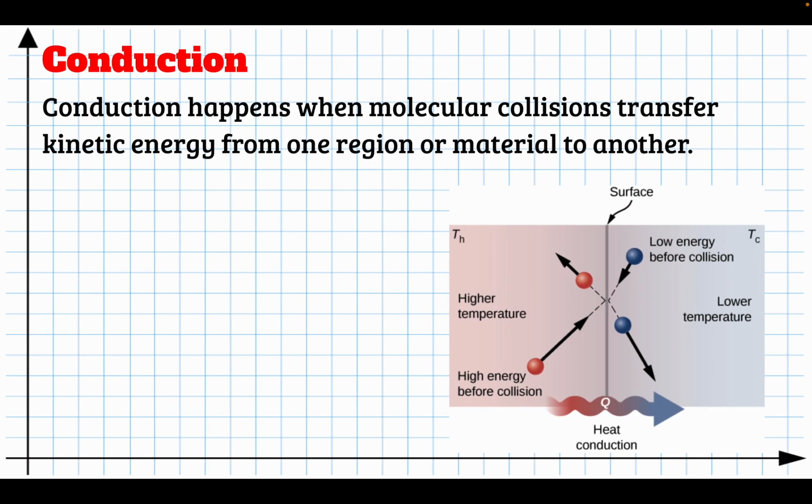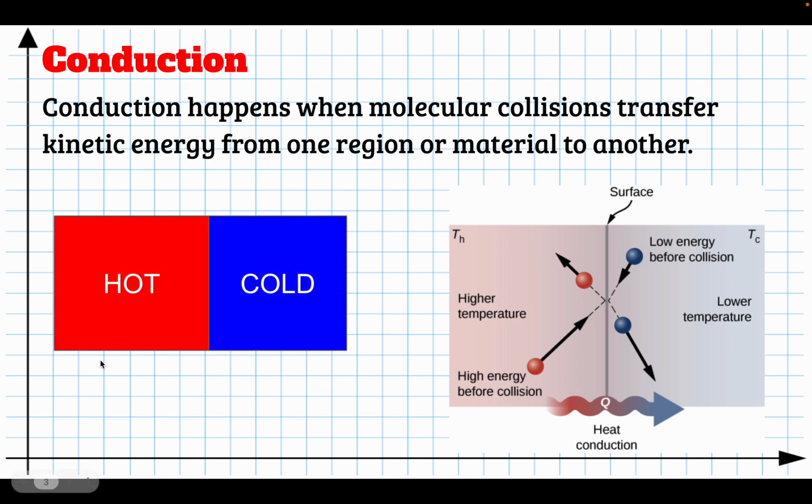So the first one we're going to look at is conduction. You might remember that in a hot object, molecules are moving fast. So over here on this side, the molecules are moving very fast. And in a cold object, they're moving slower. So at the interface between these two objects, fast-moving molecules on the left smack into slower-moving molecules on the right, and they transfer momentum to them. So here's kind of a large picture of what's going on over there.